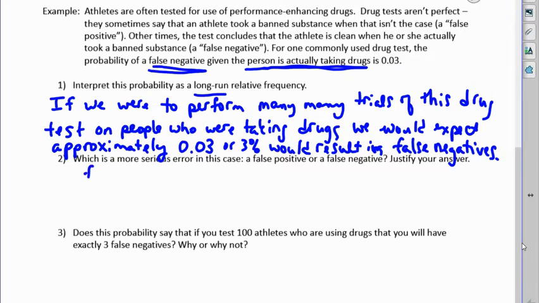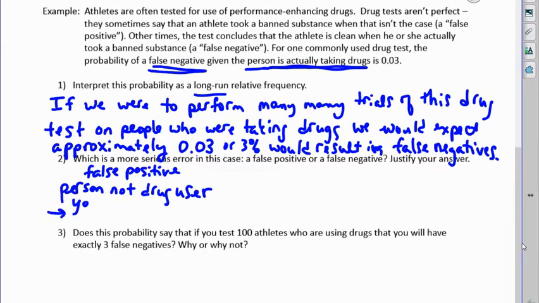A false positive would be a person not taking drugs, not a drug user, right? That's what they would be. The results say they are.